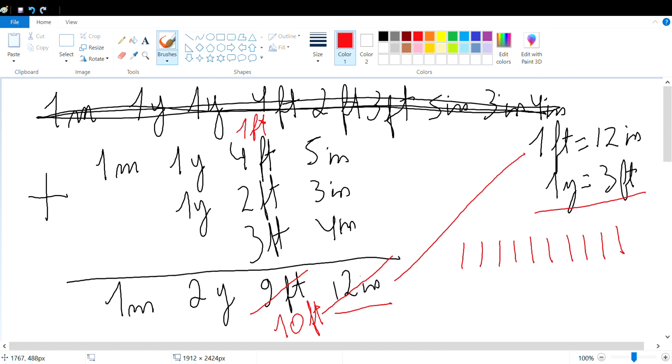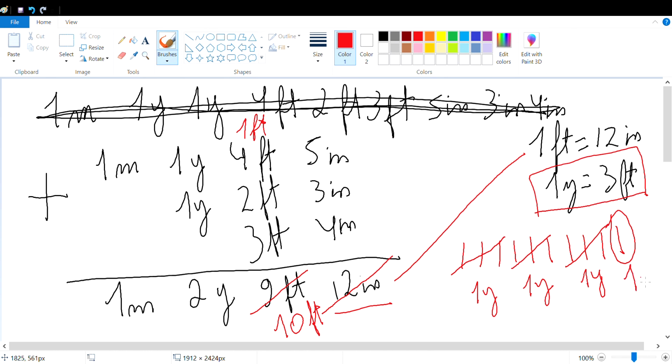If I take 3 of these 10 feet, this 3 is 1 yard, this 3 is another yard, and this 3 is another yard. Why? Because 1 yard is 3 feet. And this one remains. So that's one what? 1 foot. 1 plus 1 plus 1, 3 yards.